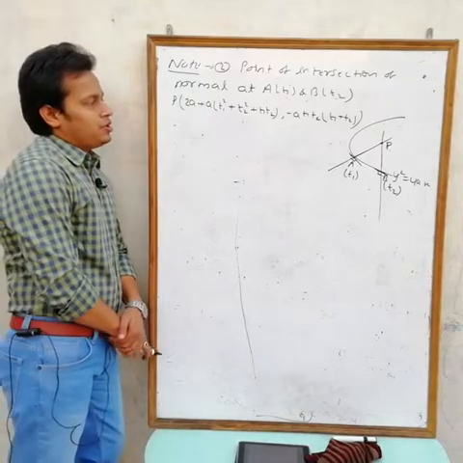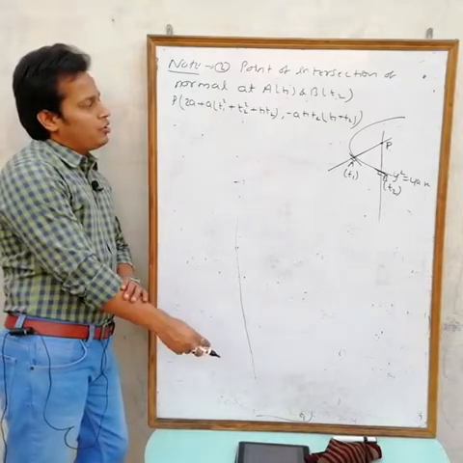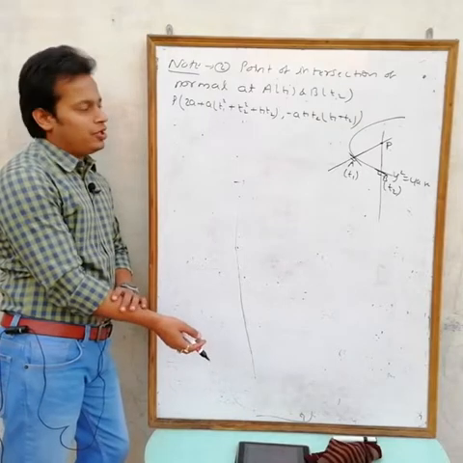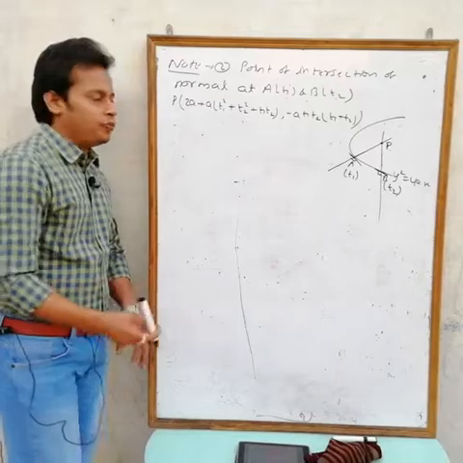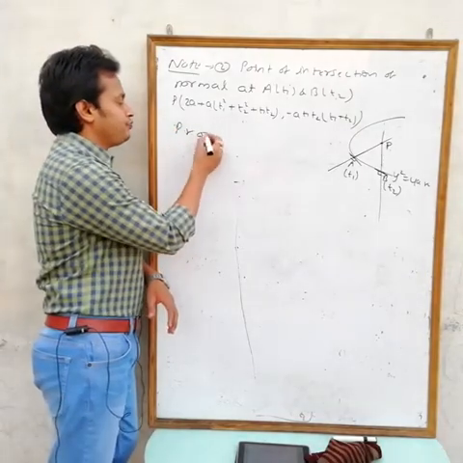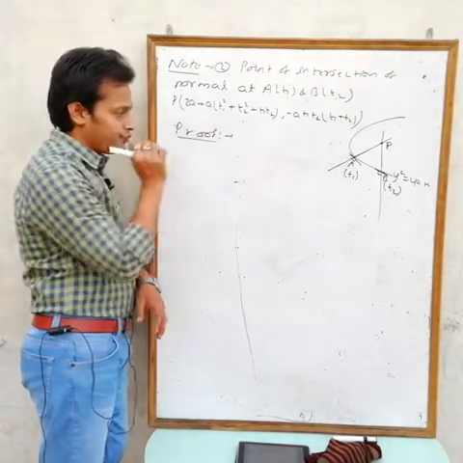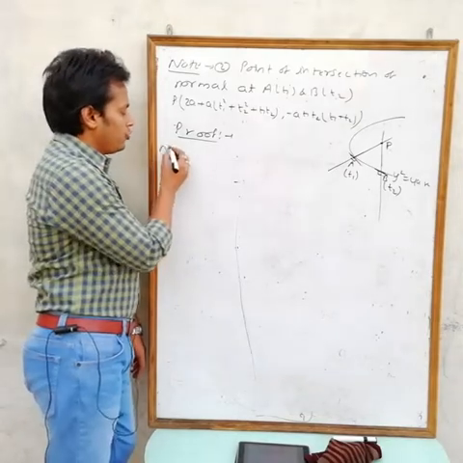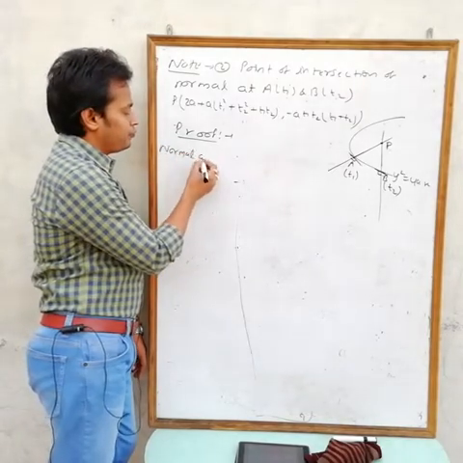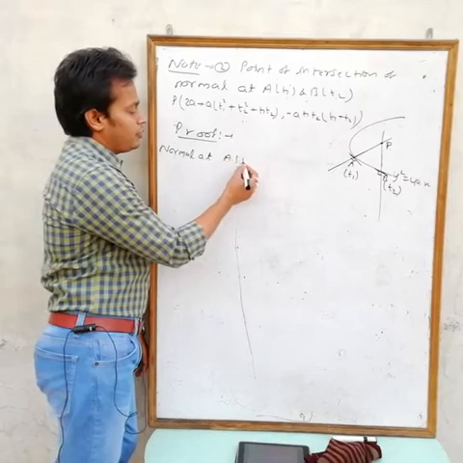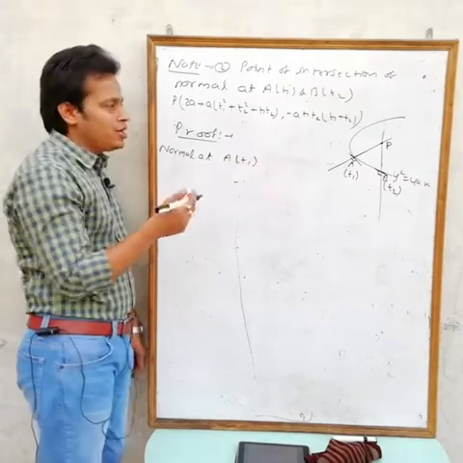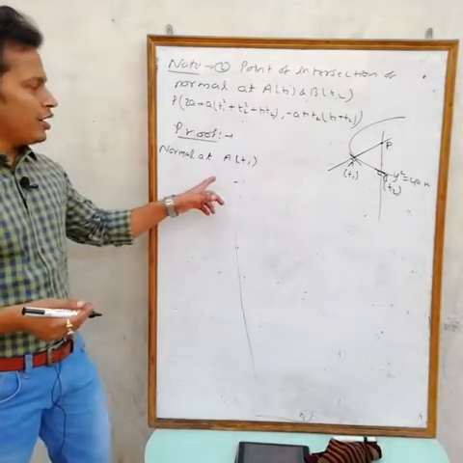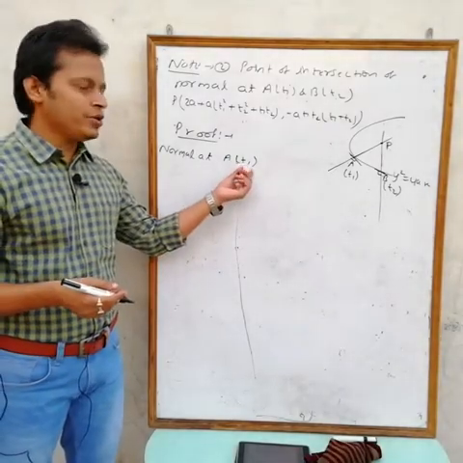So anytime we want the point of intersection of the normals at A and B, you can use this. Again, if you want proof, then see the equation of normal at T1. Here we have to write in parametric form because we are using points now.